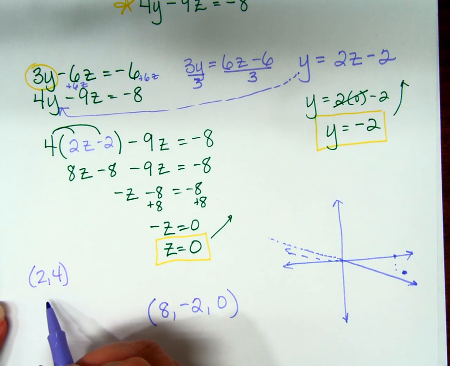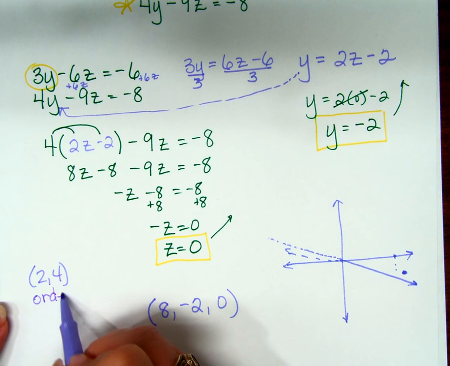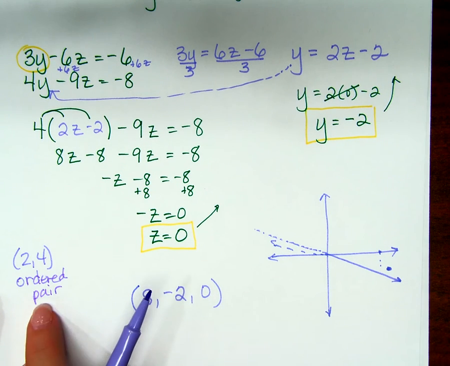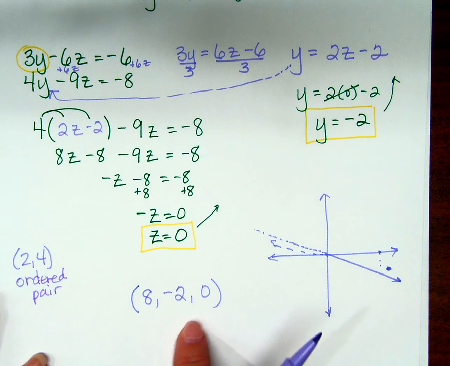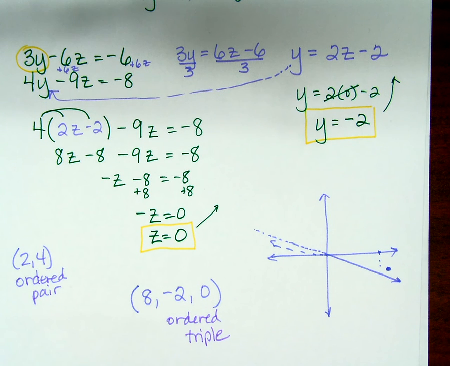It's called a point, but what else is it called? Ordered pair, right? If this is an ordered pair, what is this one? An ordered triple. Okay, it's called an ordered triple. And that's how we write our answer when we're working with 3 dimensions.